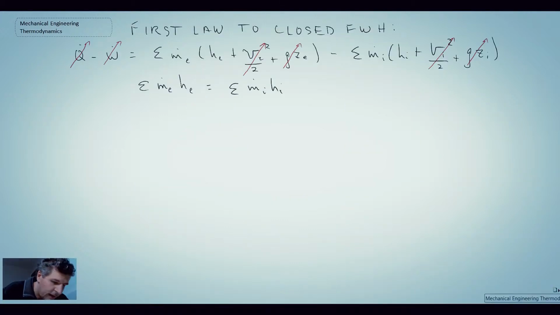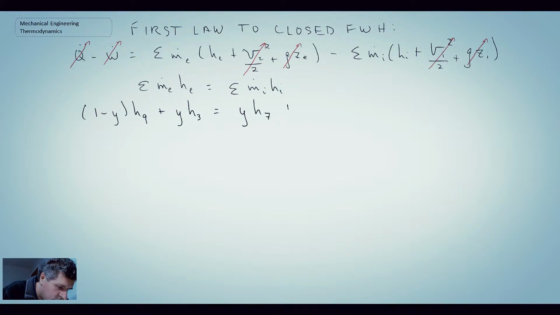So with that, we can write, taking into account the fact that we have mass fractions here, because not all of the mass is going in each of the streams. So that's what we get for the feed water heater.